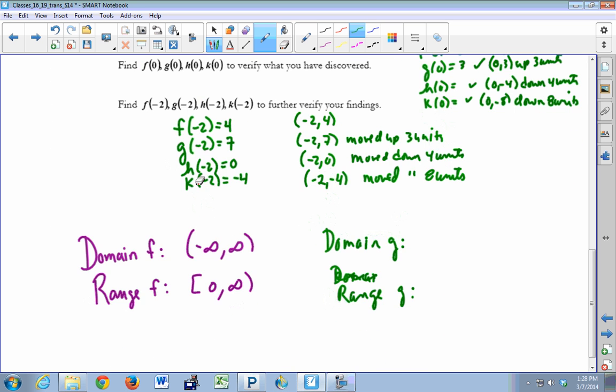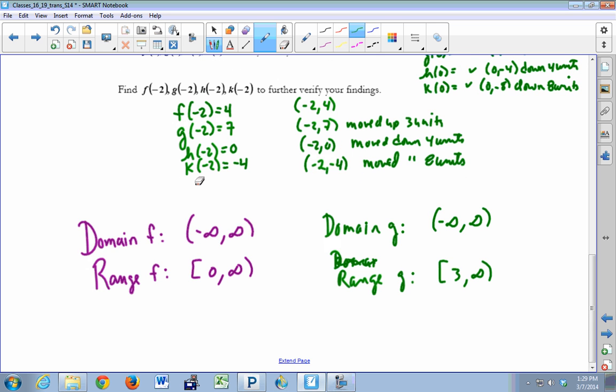It's still negative infinity to infinity, but my range has become 3 to infinity. So you should try that on your own. You should try the domain and range for h, and similarly, domain and range for k. See if you observe a similar result.